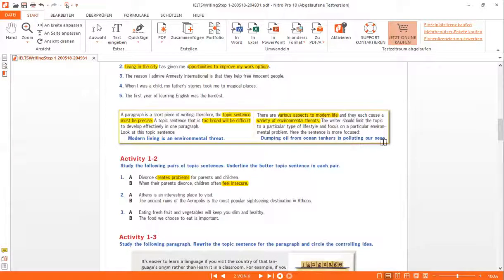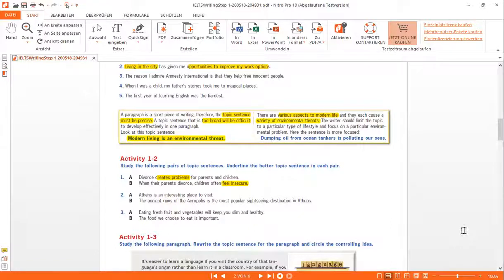Because the bigger you make it, the broader it becomes, and the more difficult it will be for you to defend your argument. Such a statement, however, will appear in the introduction to your complete essay. For example, you can say, "Nowadays, modern living is an environmental threat."